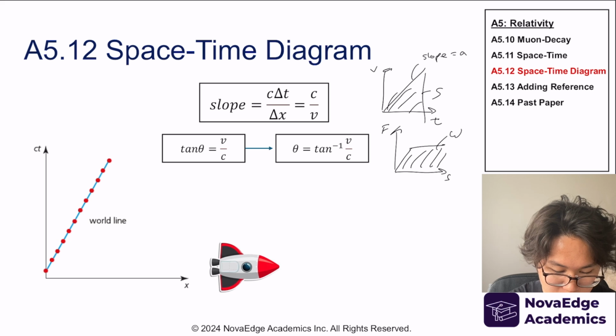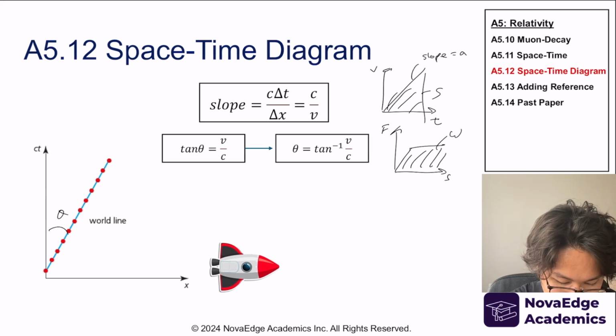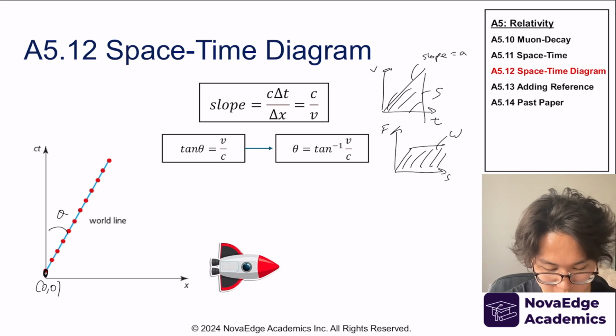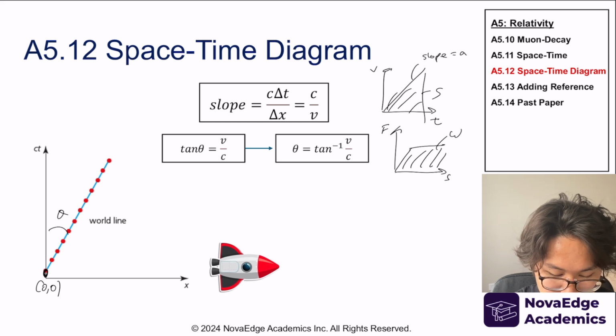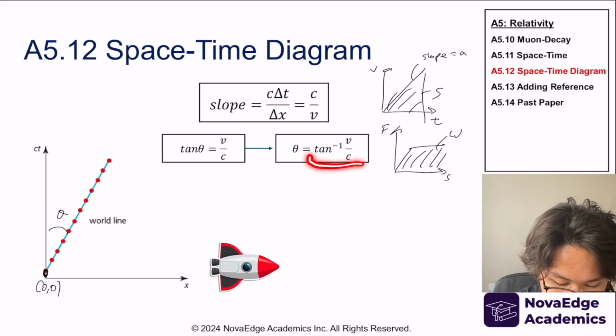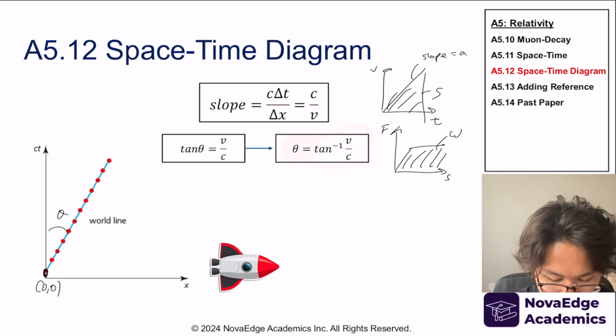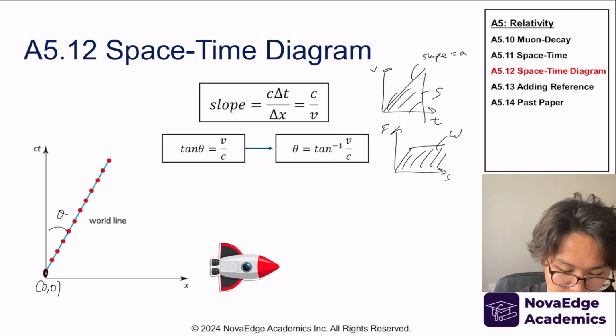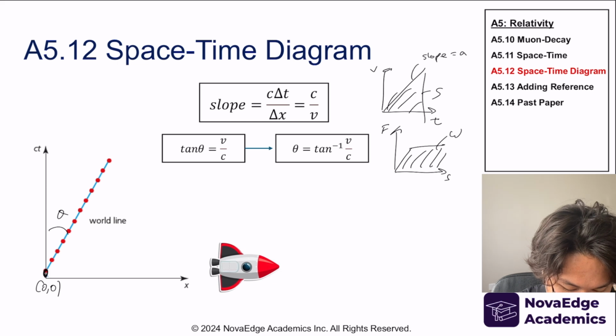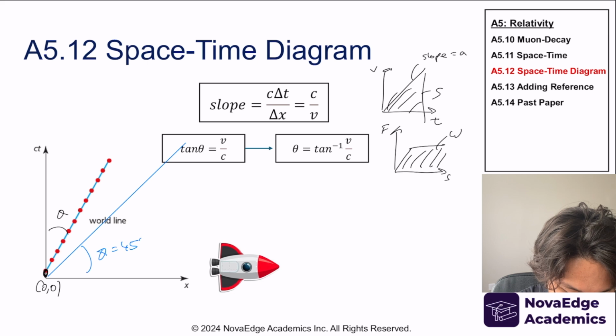Now, if that's the slope, then I can also find the angle here. Assume it's starting from 0, 0, by the way. The angle here is actually the flip of it. It's v over c. The tan theta is v over c. So tan inverse of v over c gives us the angle. So if I calculate the angle, I can also get the velocity as well. Okay? Now, by the way, for the exact same reason, when the angle is 45 degrees, this is when v is equal to c.